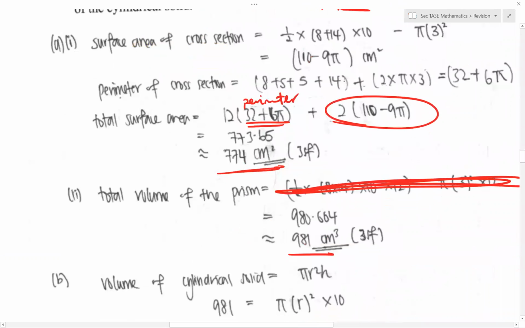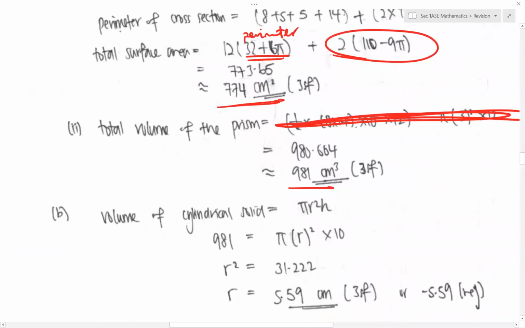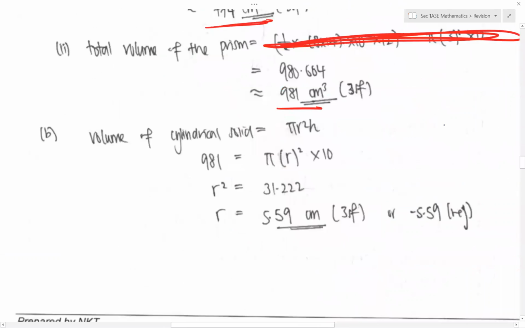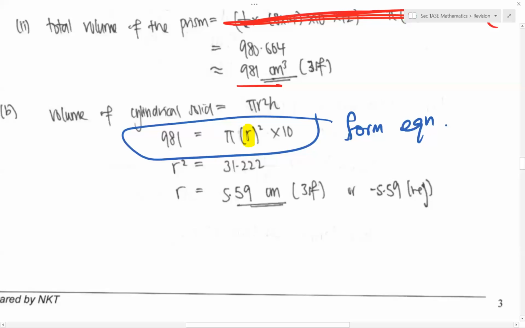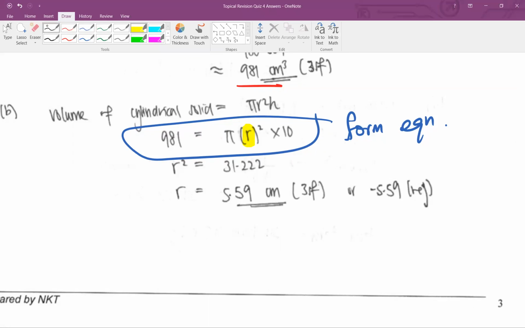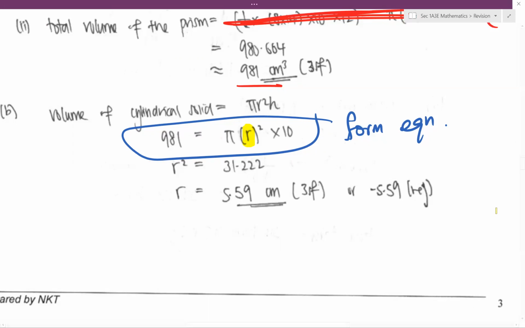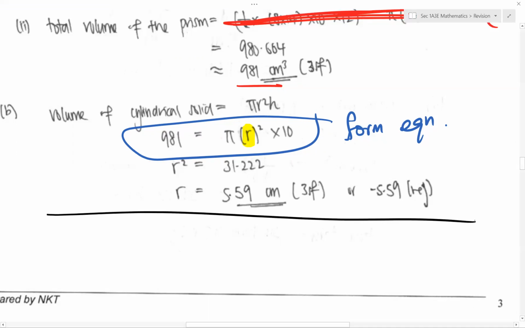So here, form an equation with an unknown radius, R for radius. If you do not form this equation, your working will look like this: 981 divided by 10, 98.1.